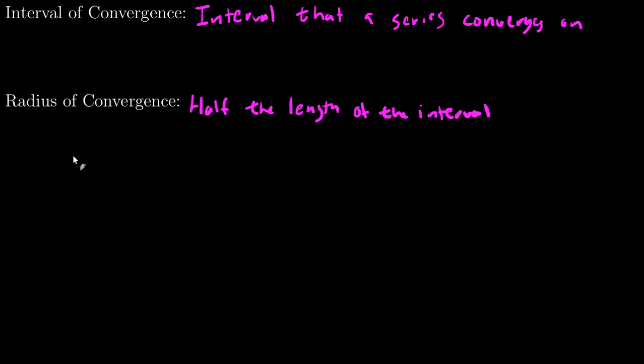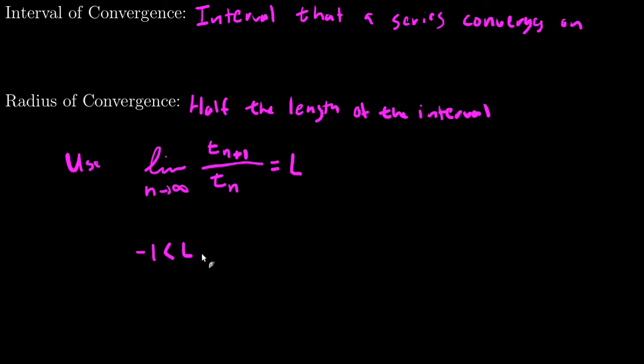We will generally use the limit comparison test, which is the limit as n approaches infinity of the following term divided by the current term. And one of two ways: either I'm going to say that this will be between -1 and 1, and that's the way I'm going to show for example 1, or I can also show that the limit has a magnitude less than 1.